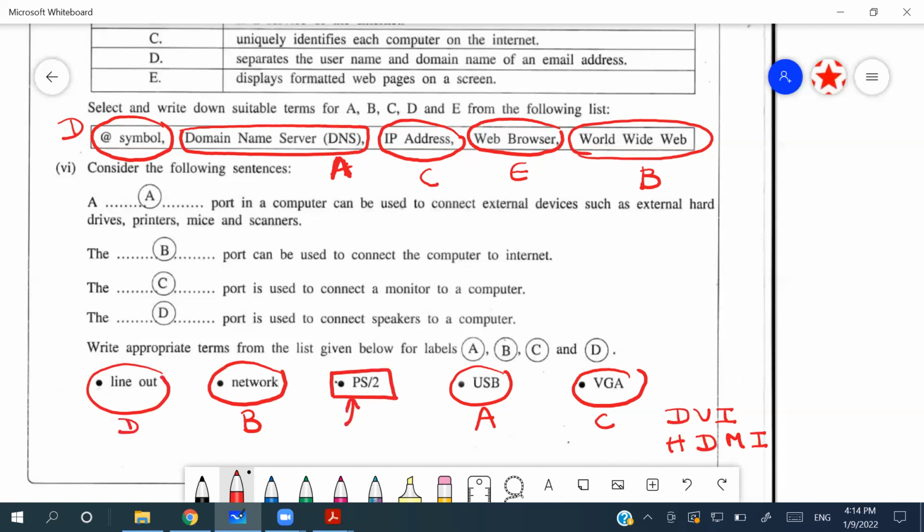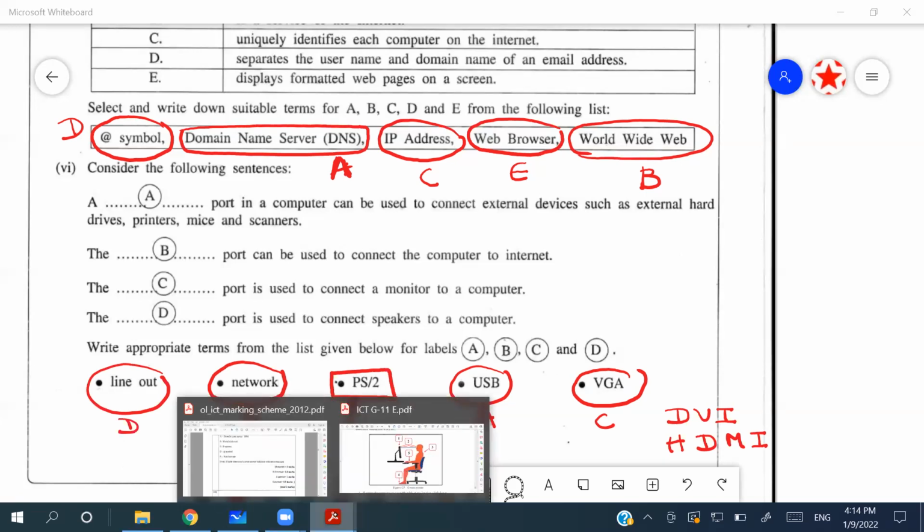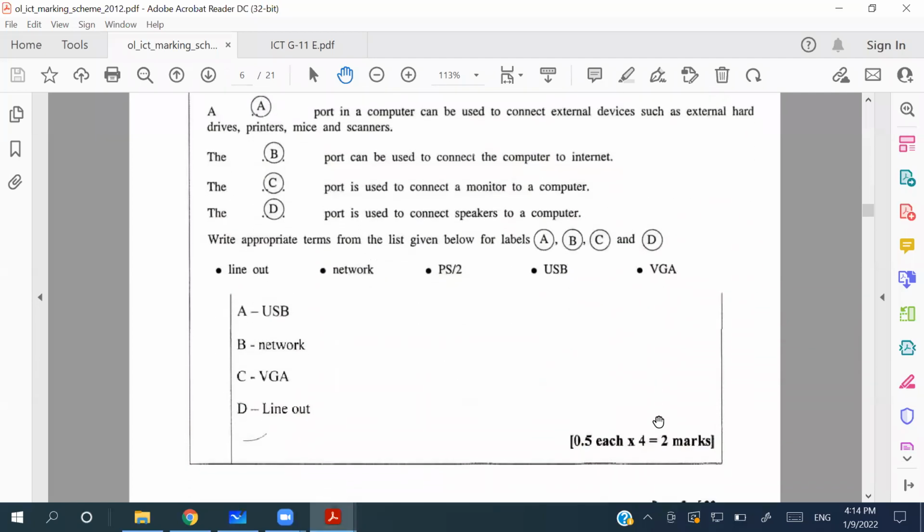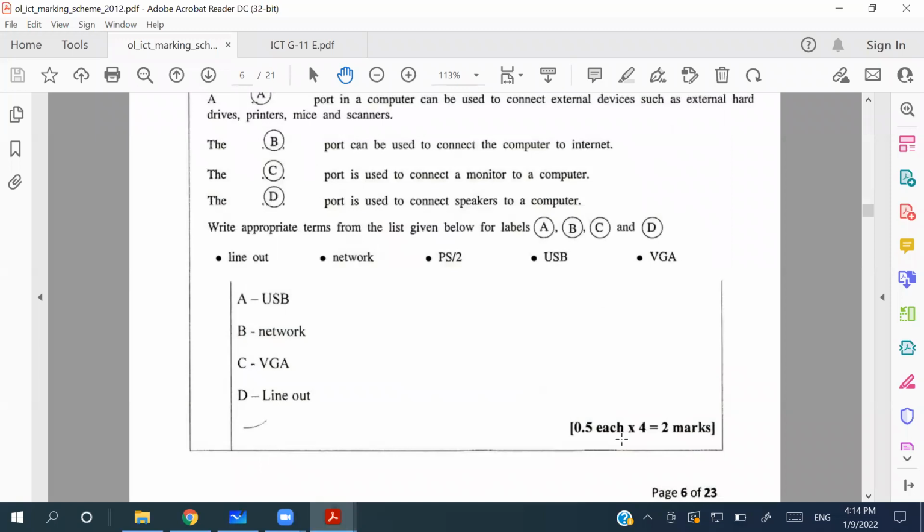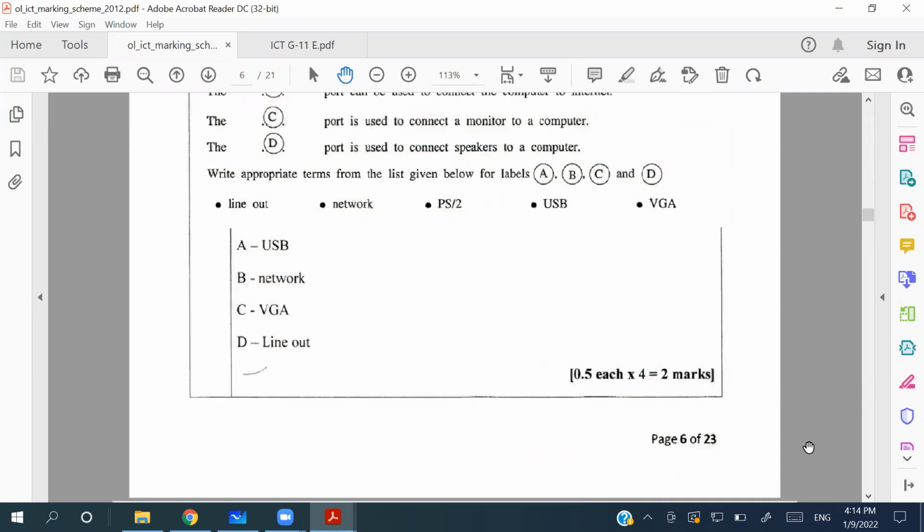This was the port where we connected the mouse and the keyboard in the olden days, the early days before it came with the USB port, right? So A is USB, B is network, C is VGA, D is line out. This is how it's going to give you the marks, 0.5 for each correct answer, so totally 2 marks.